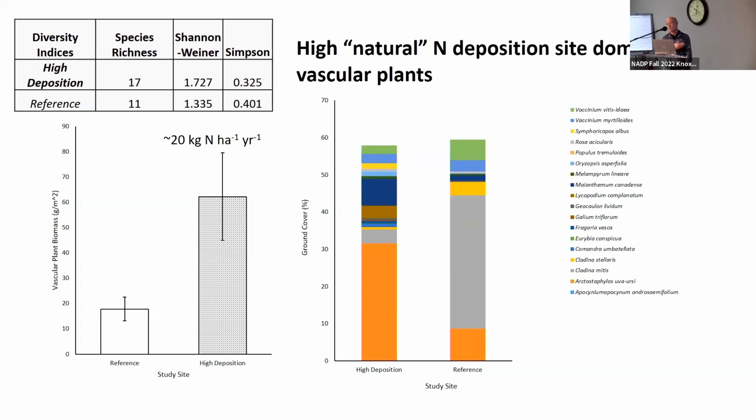It's dominated much more by vascular plants, particularly Arctostaphylos, compared to the reference site, which is a lichen-dominated system. And given what I've just said about the importance of this lichen mat in regulating nitrogen behavior in the system, if you start to lose this lichen mat, we expect that nitrogen is going to behave quite differently.